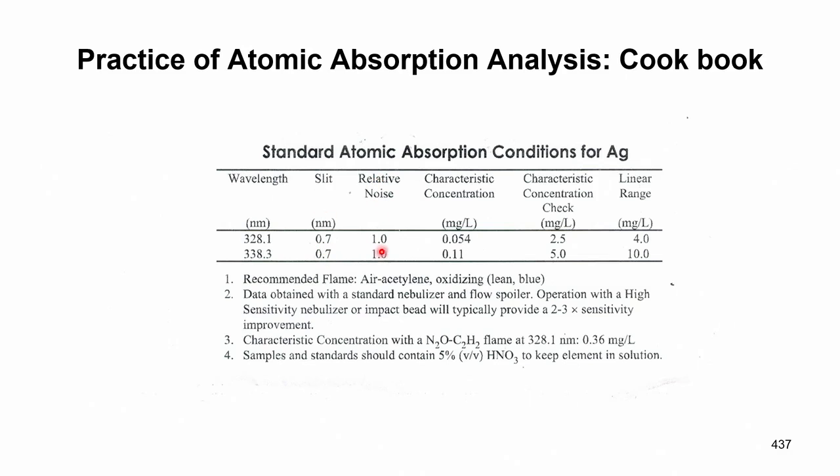Relative noise is 1, and that is the electrical noise corresponding to these wavelengths, and then characteristic concentration, this is the concentration where the determination gives you an absorbance of 0.054.